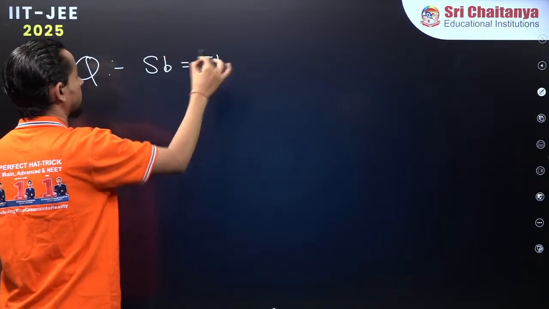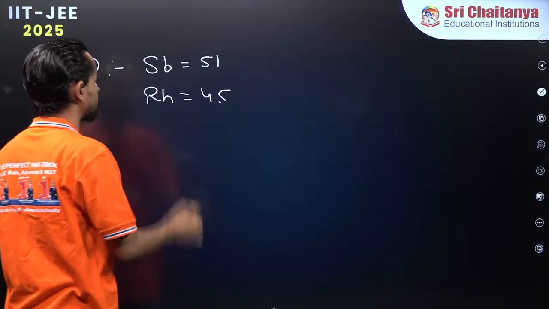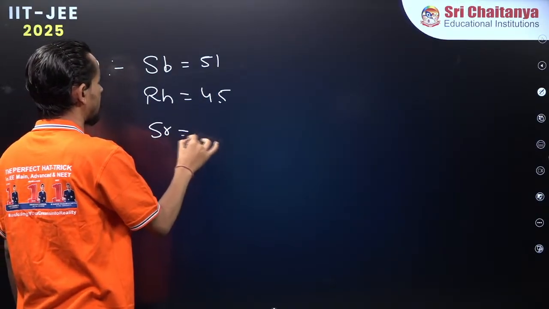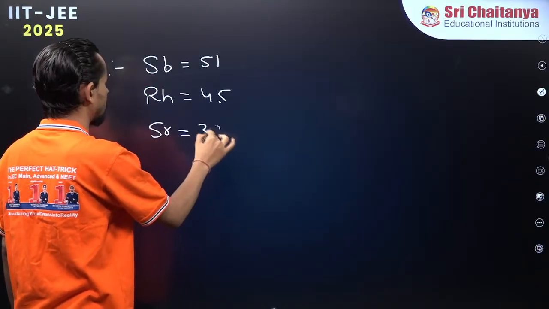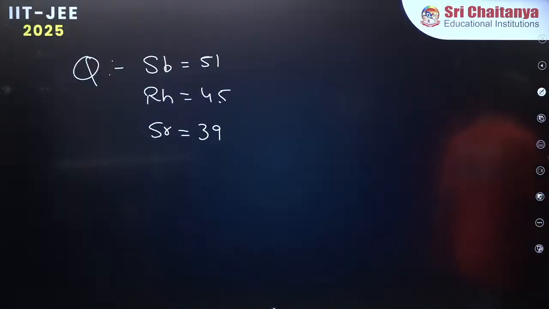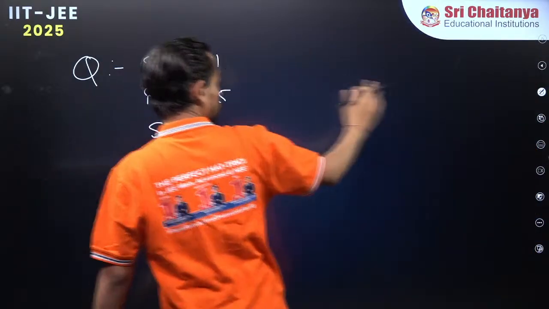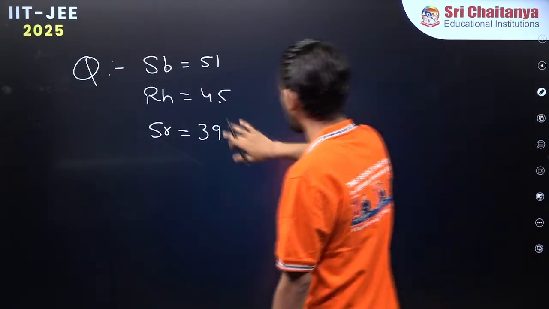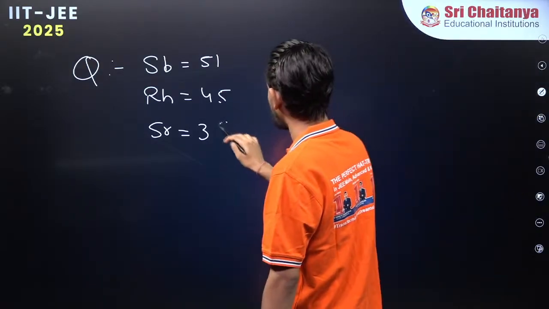Sb 51, Rh 45 and Sr, I think 39. Okay, try to solve these. Please correct the data: it is 38.